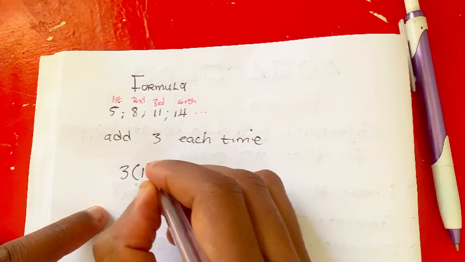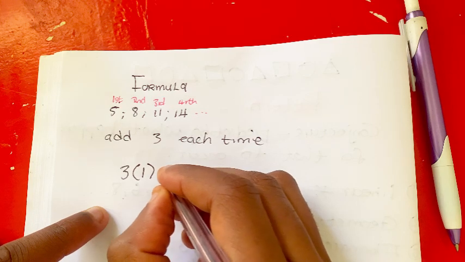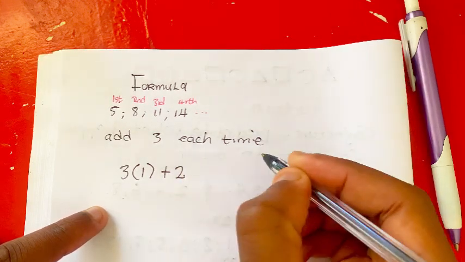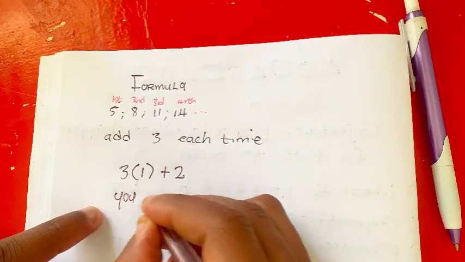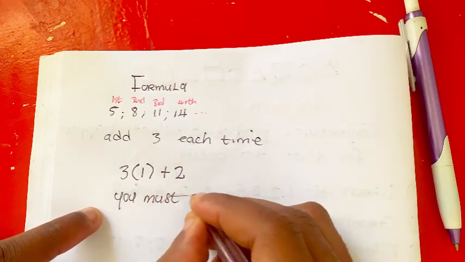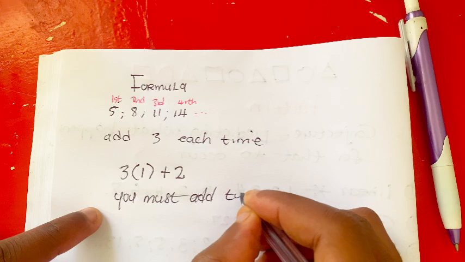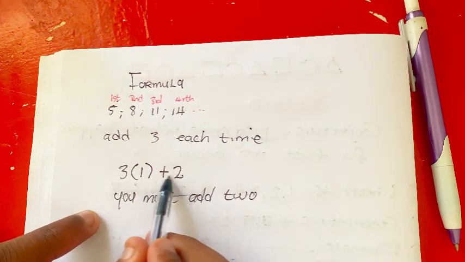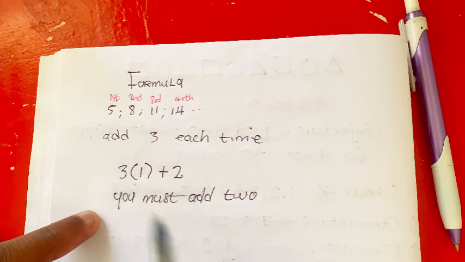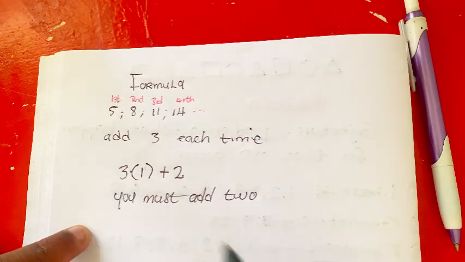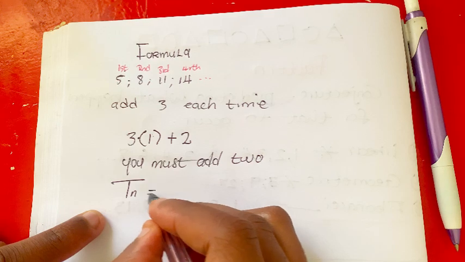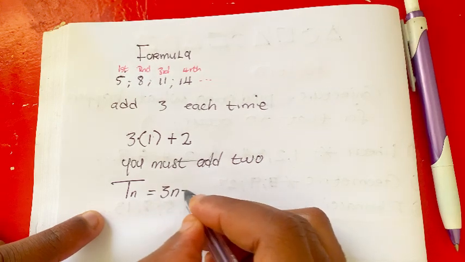The first term, in order to get 5, you'd need to add 2. So you must add 2 in order for you to get 5 when you put 3 and the first term. So this is a product, which means our formula will look something like this.